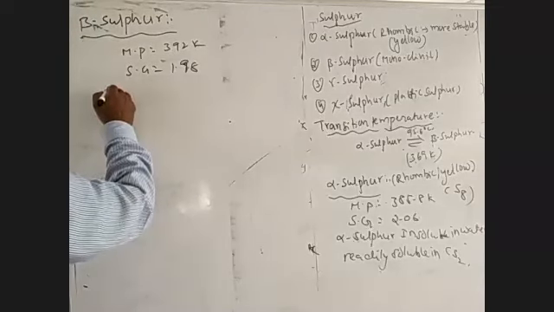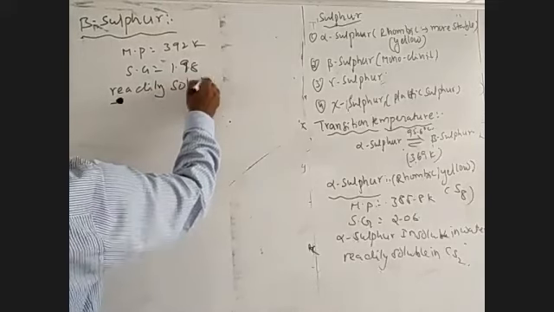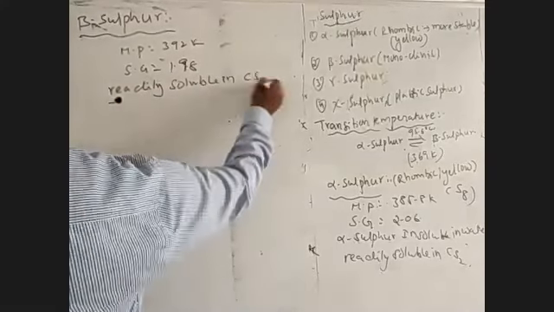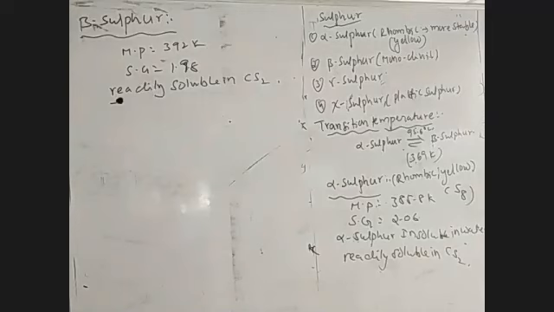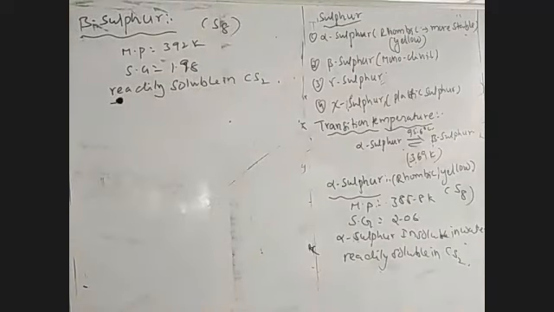It is insoluble in water, but readily soluble in carbon disulfide. The beta sulfur also contains S8 units.